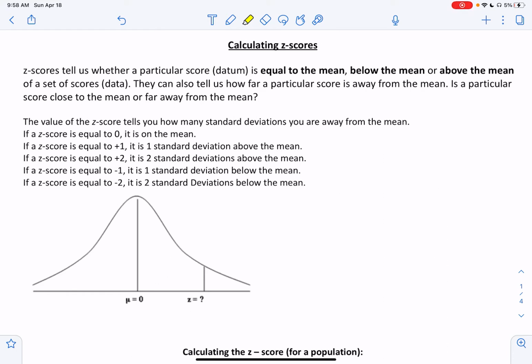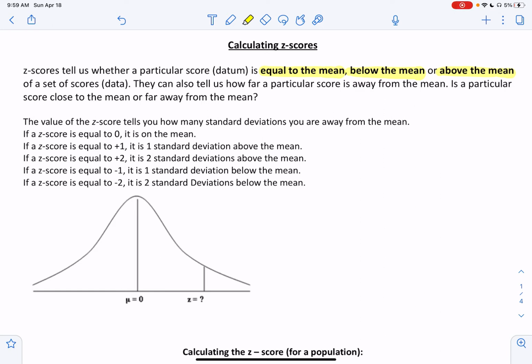So to start, let's talk about what a z-score is. Z-scores tell us whether a particular score or a datum or a specific data point is either equal to the mean, below the mean, or above the mean within a set of data.